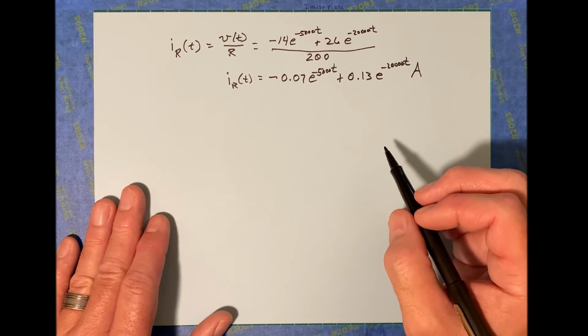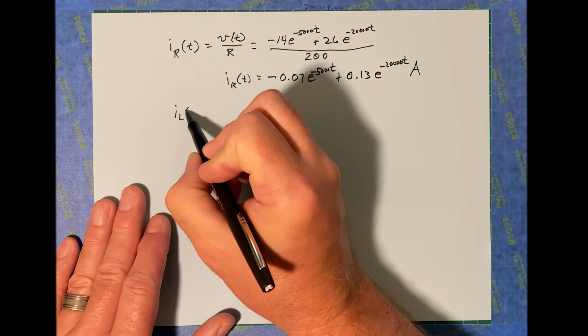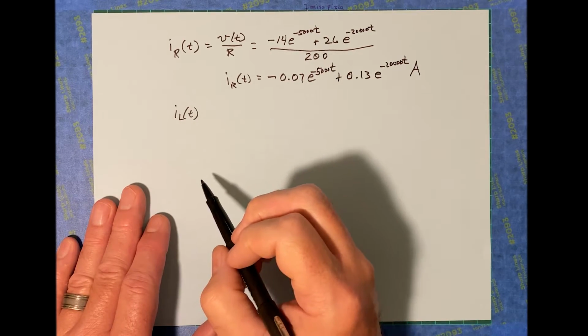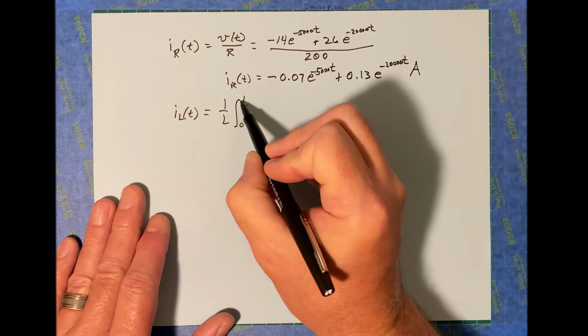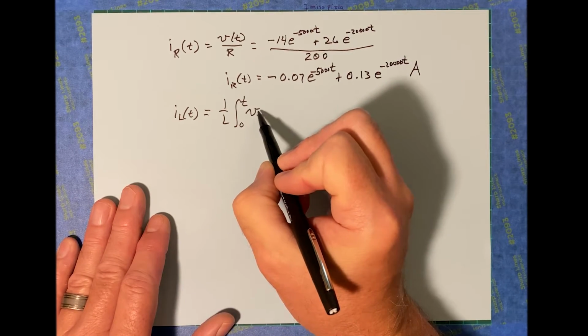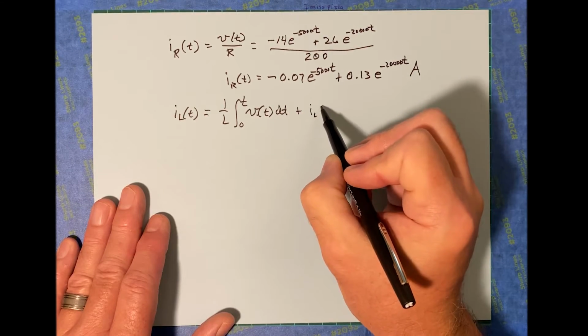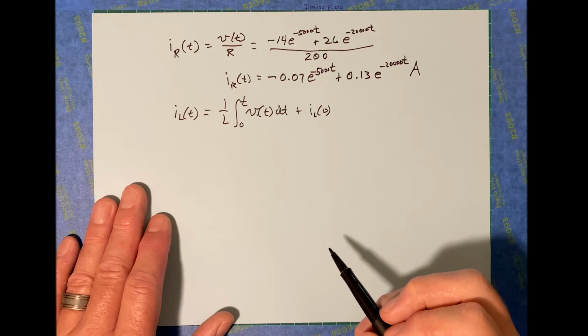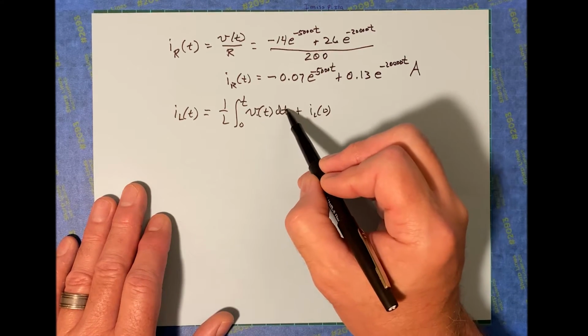What about, let's say you're asked for I sub L of t. Well, I sub L of t is 1 over L integral from 0 to t of V of t dt plus I sub L at 0. Now we could possibly solve this.